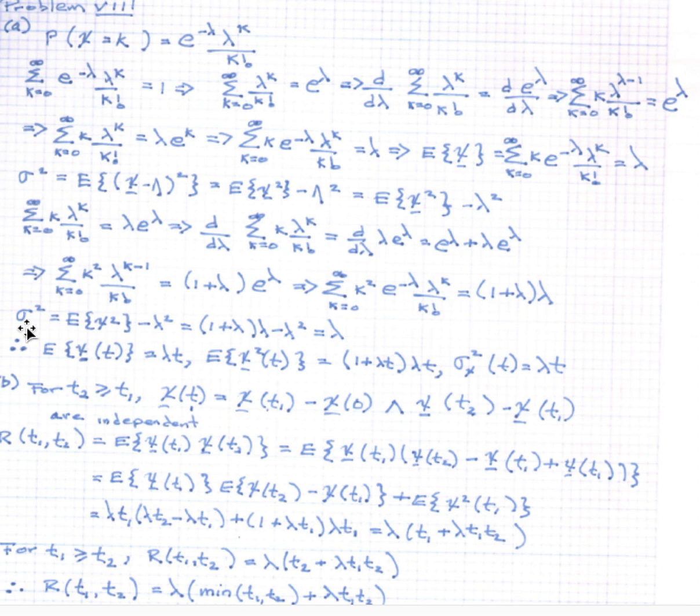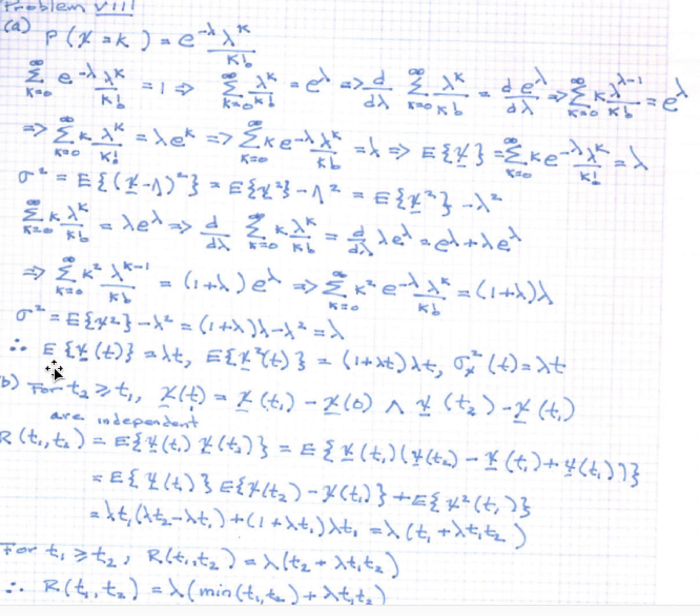Sigma squared, which is the variance, is indeed equal to the expected value of the random variable X squared minus lambda squared, which is equal to the quantity 1 plus lambda times lambda minus lambda squared, which is equal to lambda.